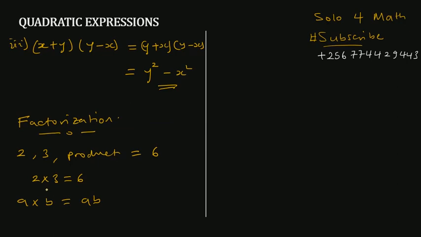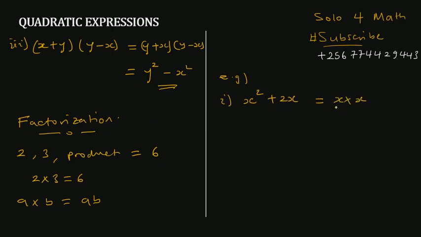Alright, let's look at examples. If you have something like x squared plus 2x, what we do is find factors of each of the terms here. So for example, I would write x squared as x times x.